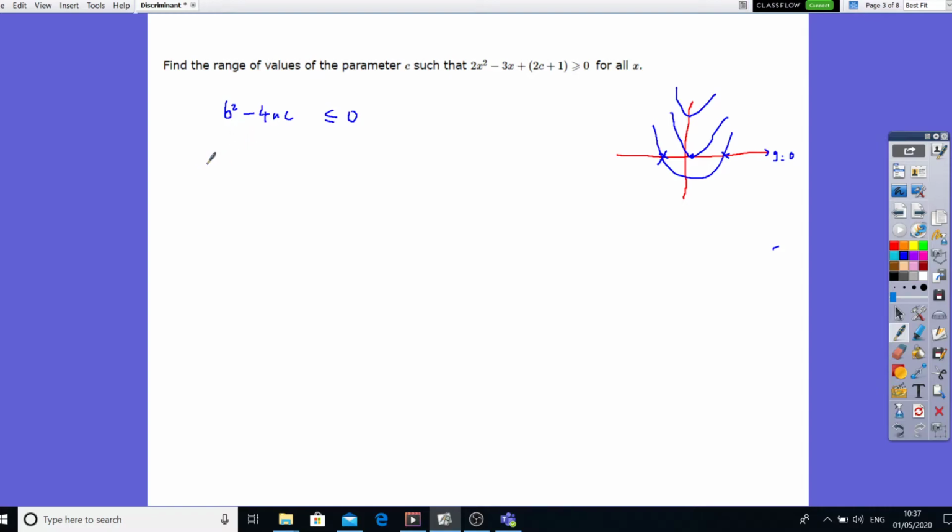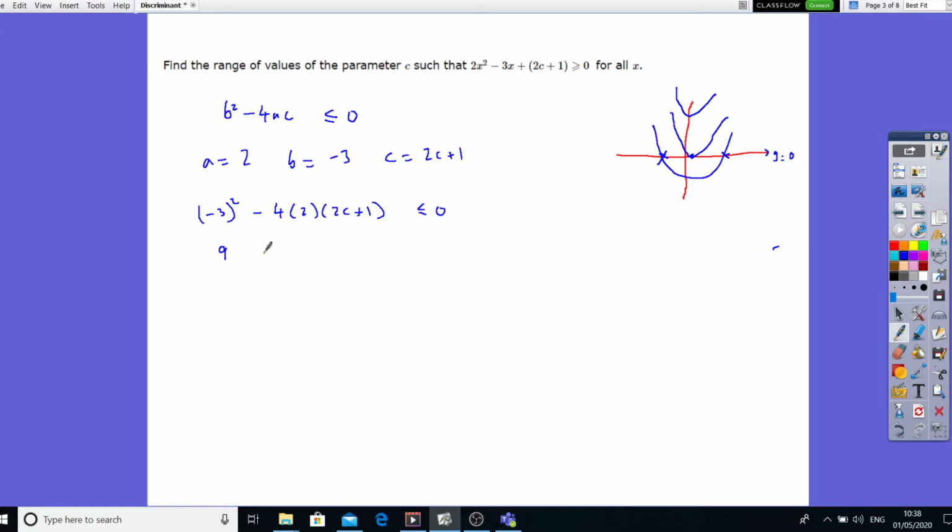Now let's do this. For a, the coefficient of x squared is 2, b, the coefficient of x, is minus 3, and c, the constant, is 2c plus 1. If I sub this into our discriminant, I'll get minus 3 squared minus 4, a is 2, c is 2c plus 1, and we want to solve it for less than or equal to 0.